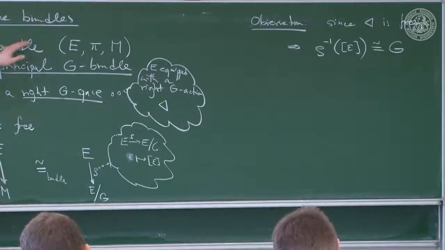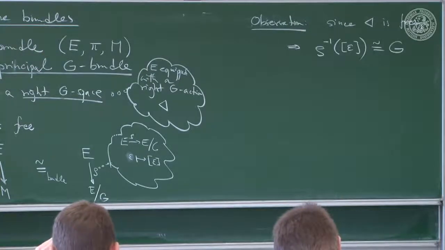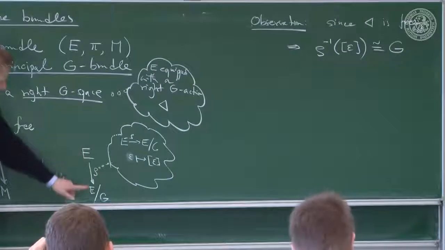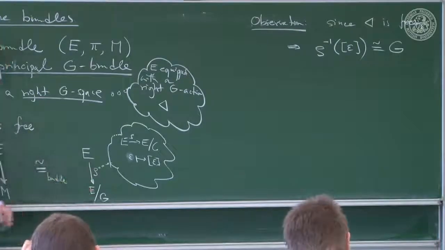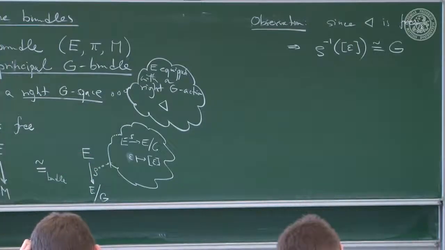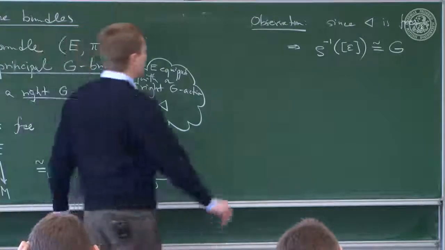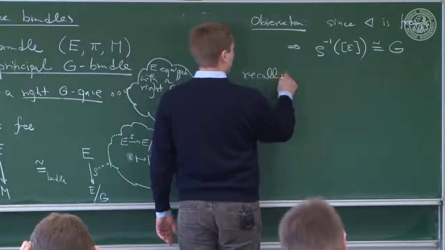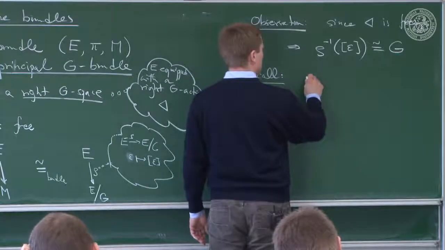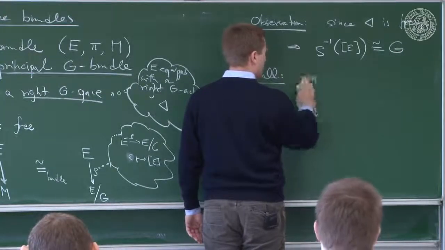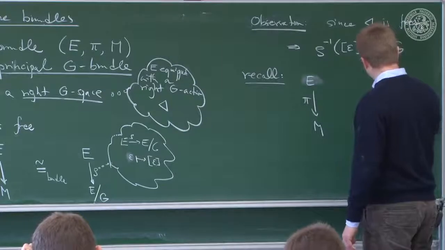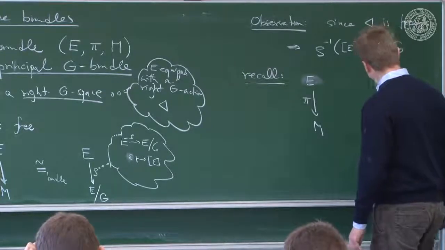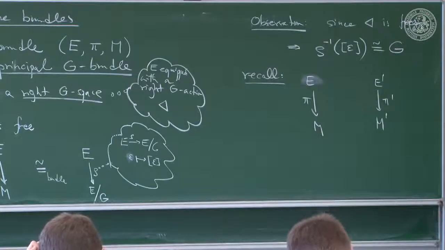So again, a bundle E pi M is a principal G bundle if I know of an action on this E, I go down to the space of orbits by this canonical projection map, and if as bundles they're isomorphic. So maybe I should recall the definition: when were the bundle E pi M and another bundle E prime pi prime M prime isomorphic?